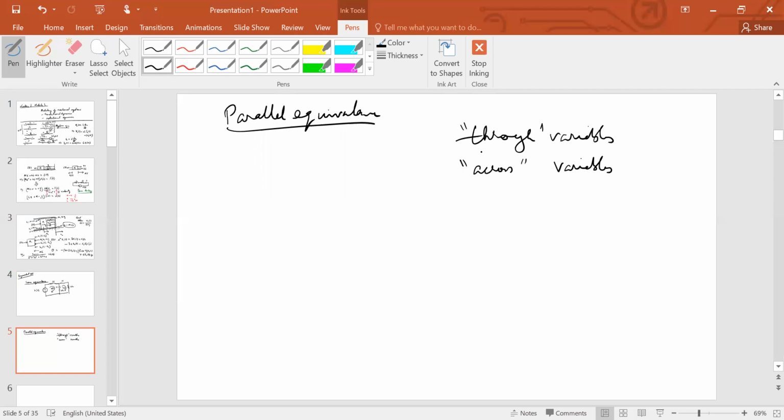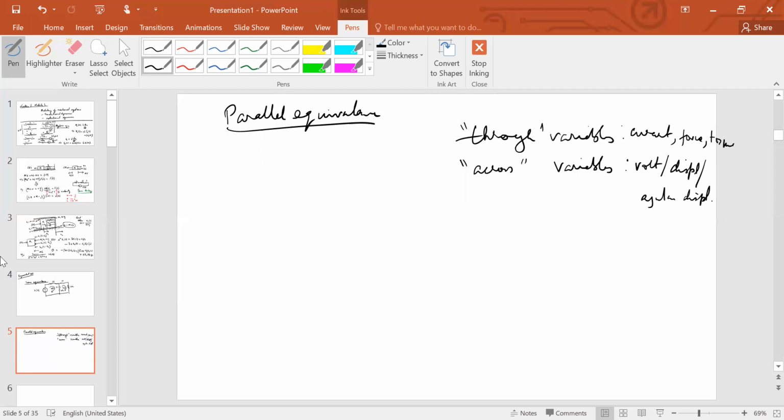On the other hand, the voltage is an across variable, as is the displacement or the angular displacement in a rotational system. So these are across variables and these are through variables. Current, force, torque.